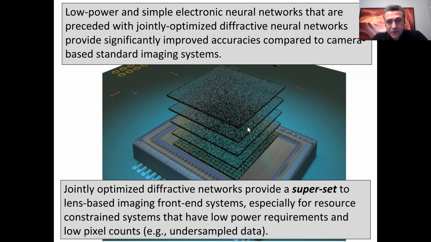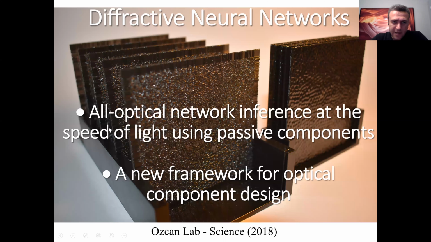We believe that the front end that is designed for a specific task would be much better than a simple lens-based system, and much better to handle especially the few pixels that you have, the constraints that you have in terms of the power requirements per classification, etc. So this is a symbiotic relationship that we formed here and demonstrated with the front end and the back end working together to compress information so that still the accuracy of the classification is retained with undersampling.